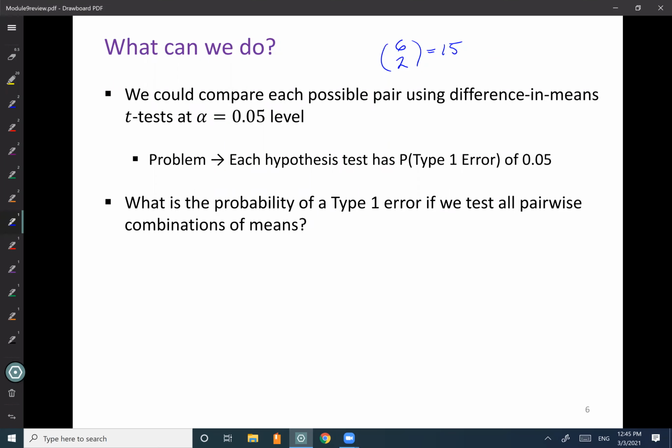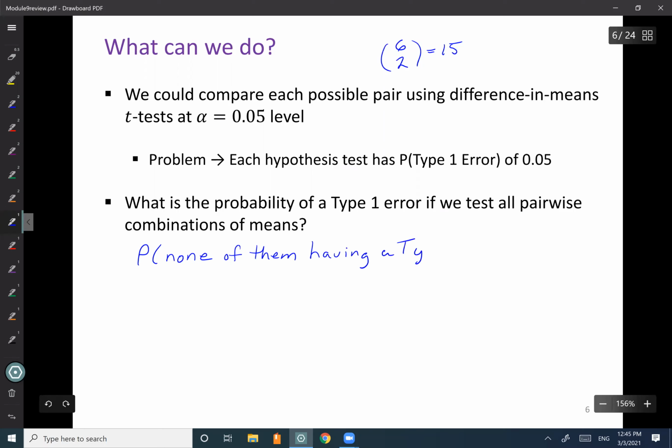So what is the probability of a type 1 error if we test all pairwise combinations of means? Well, the probability that none of those tests has a type 1 error is equal to 0.95 to the exponent 15, because that would be 15 t-tests.